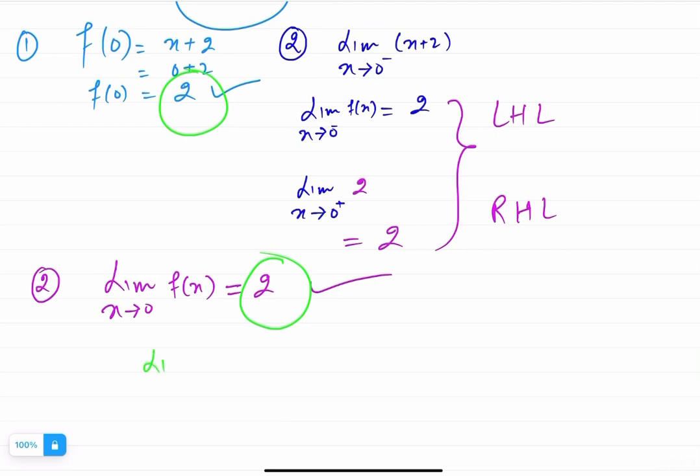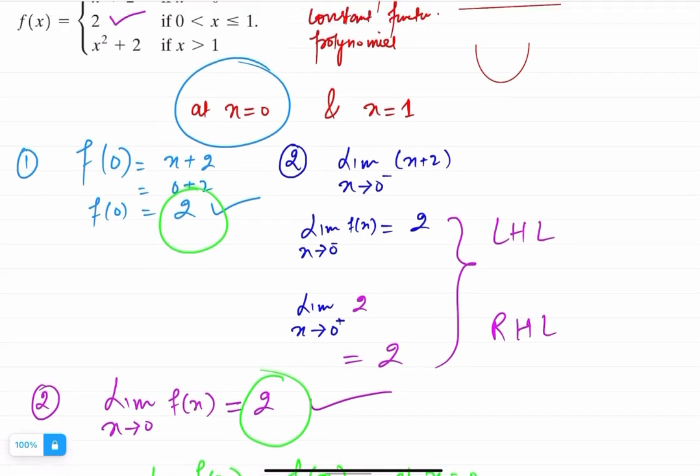Since limit x approaching 0 of f(x) is equal to f of 0, which is f(x) at x equal to 0, since they are equal, we say that at x equal to 0, the function is continuous.